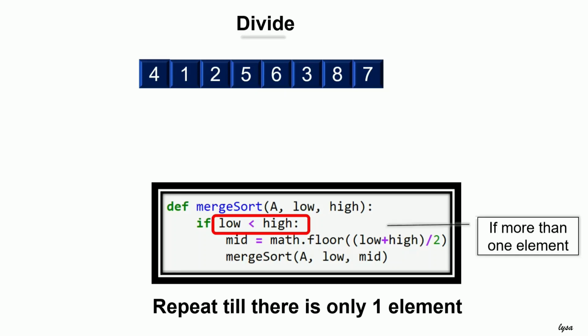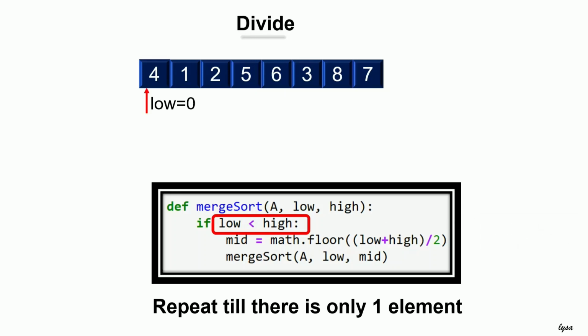In other words, if low and high are pointing to the same element, it means there's only one element. But if low is less than high, then it means that there is more than one element. So recursively, we divide till we find a sublist which has only one element, which we call the base case. Low is at 0, high is at 7, low is less than high, and the mid is at 3.